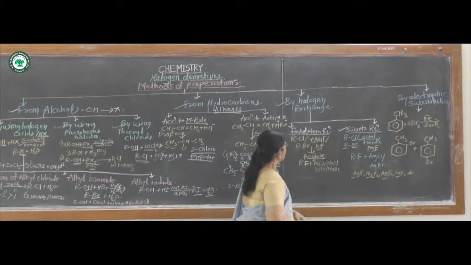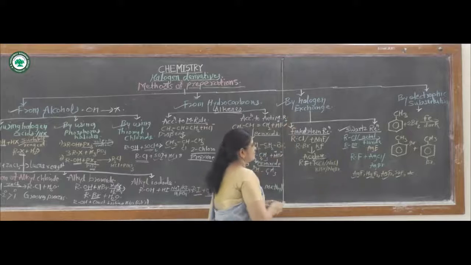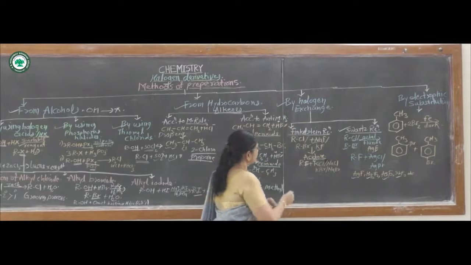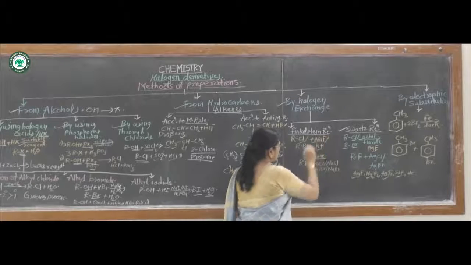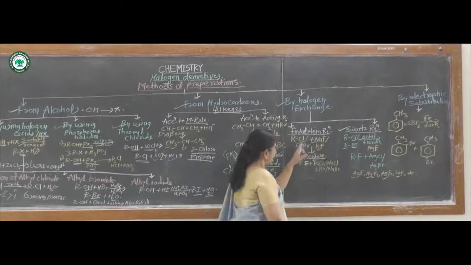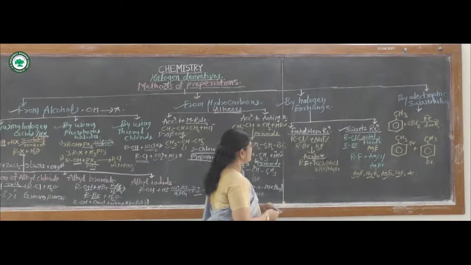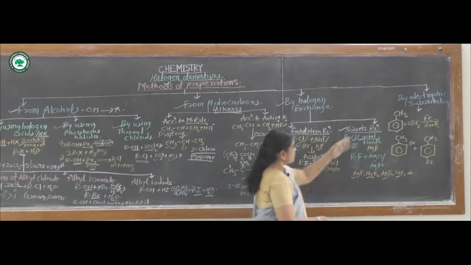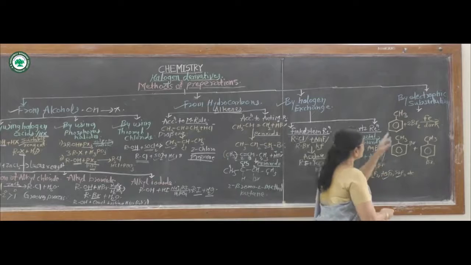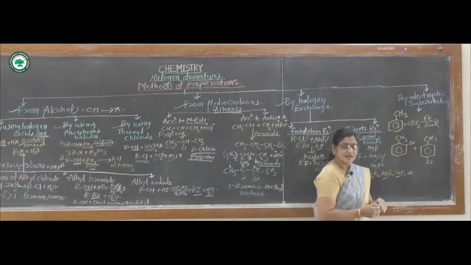In this way, the third method is by halogen exchange. In this reaction, one halogen atom gets replaced by another halogen atom, hence such a reaction is called a halogen exchange reaction.